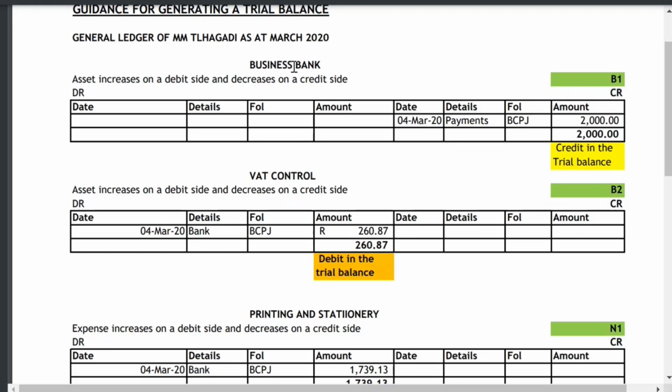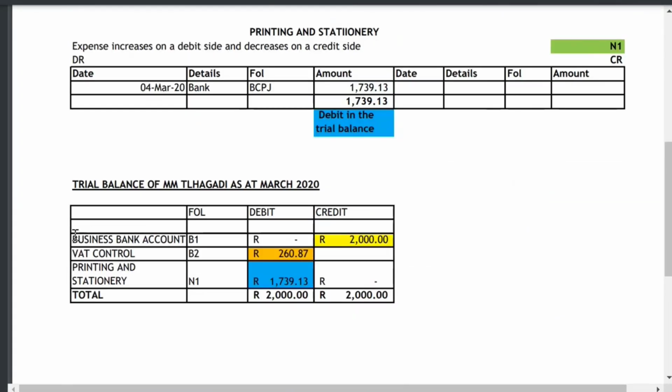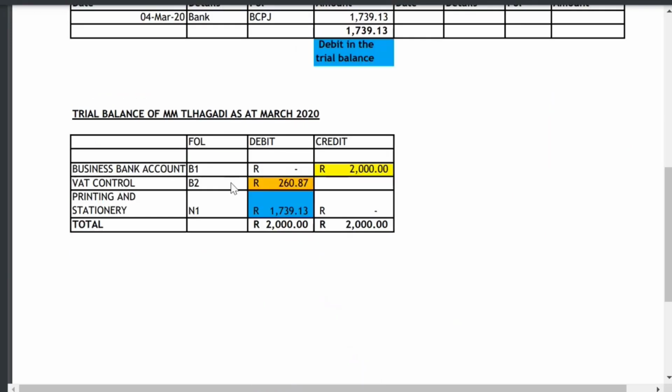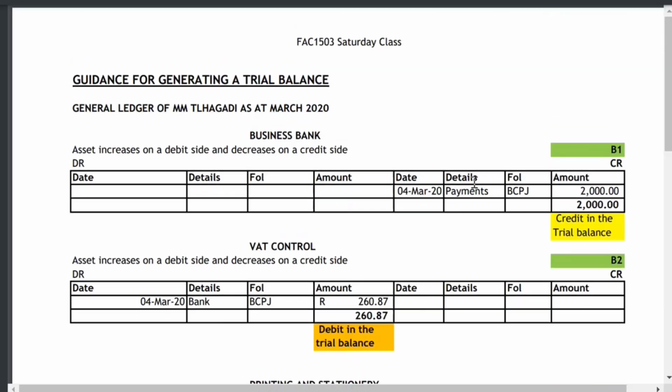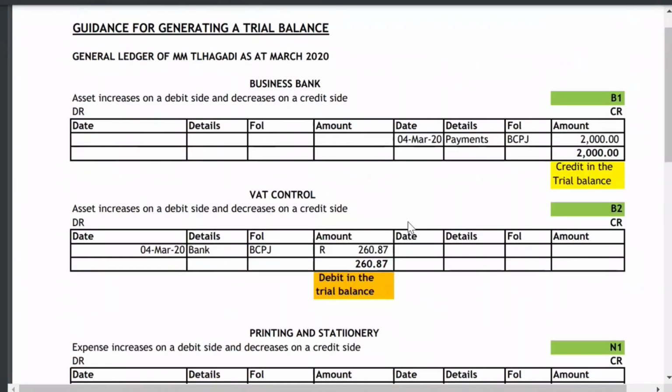When you take this account to your trial balance, the account name is business bank, the account number is B1, and the amount is 2,000, which is credited. It's also credited in your trial balance.